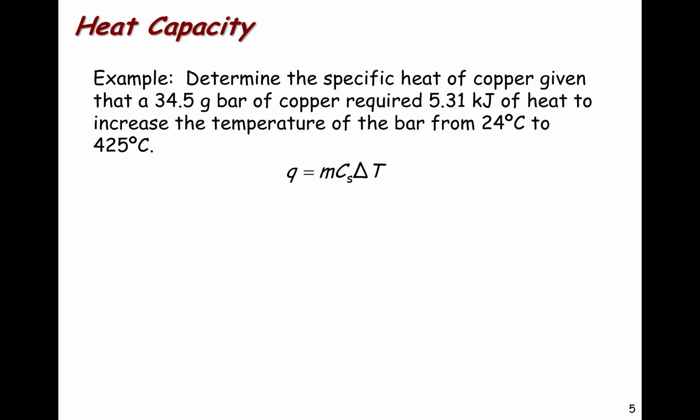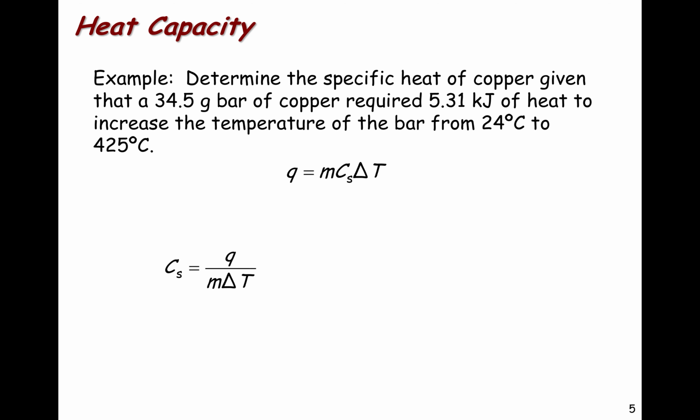Again, the equation is Q equals mc delta T. If we rearrange this and get the constant, the heat capacity, all by itself on one side of the equation, we would have heat divided by the mass times the delta T.